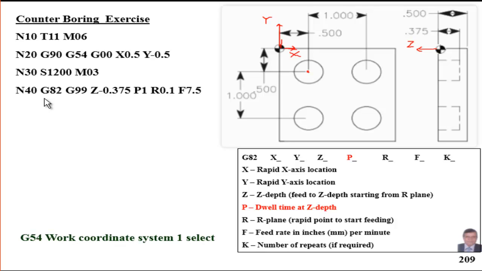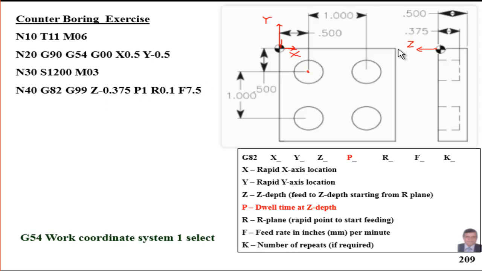Here we use G82 with G99. It means when we retract, we will retract to the R level. Why is Z negative? Z is negative here because this is the 0 point, so any negative value means in that opposite direction. This is what we require to counter bore in that direction. Why this amount?